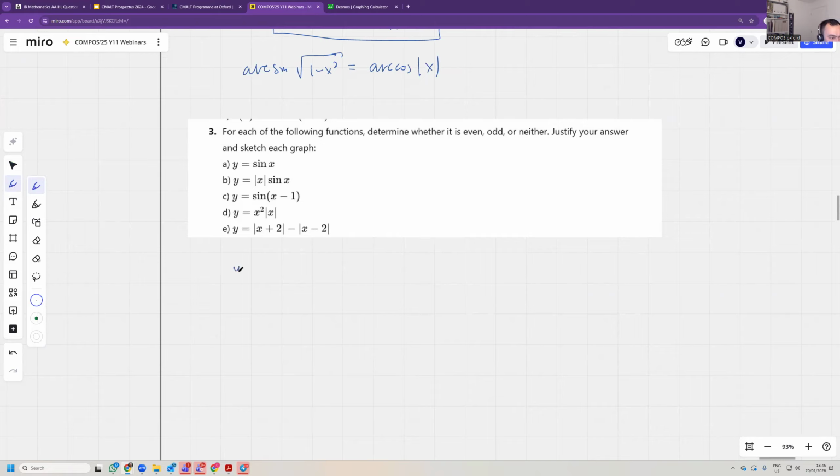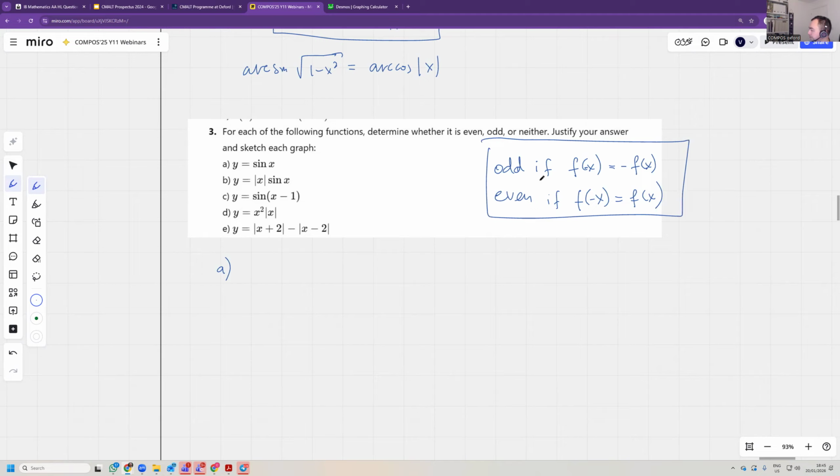A function is odd if f of negative x is equal to negative f of x, and even if f of negative x is equal to f of x, with a plus. So these are the rules.